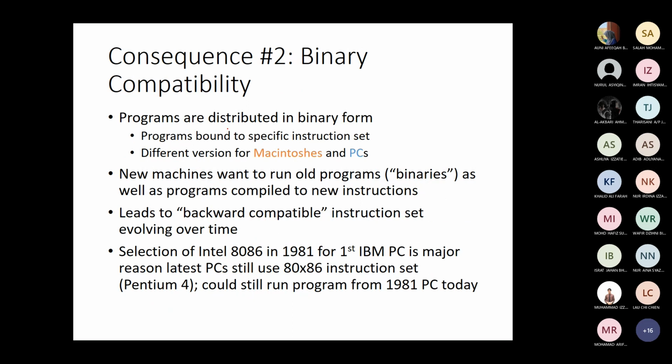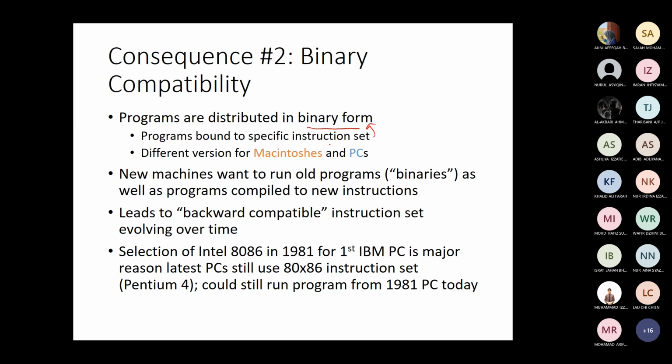The programs are distributed in binary form. When we treat instructions, we treat the memory address as an address, and everything is in binary form. The programs are bound to a specific instruction set because we are using binary form.